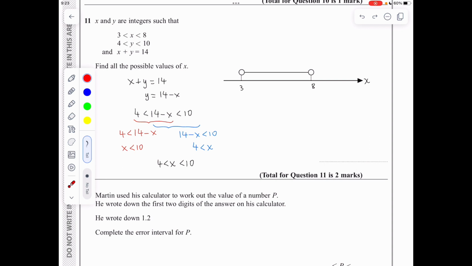And I have also found that x is between 4 and 10, again with strict inequalities, which means that I want everything to be satisfied, and everything is satisfied between 4 and 8. So x is between 4 and 8. Remember that x is an integer and we need to find all possible values of x. Strictly greater than 4, strictly less than 8. So it could only be 5, 6, or 7.